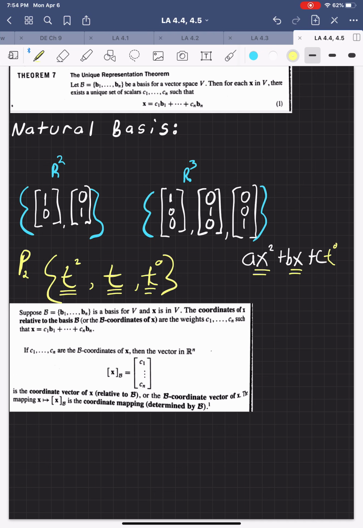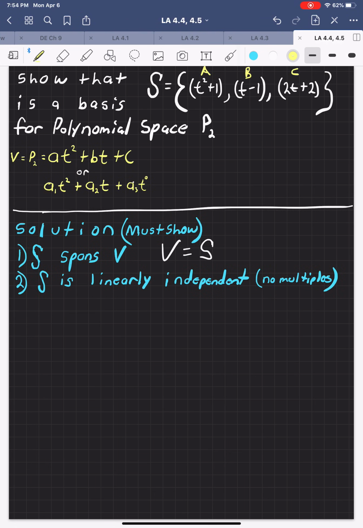Now, the question that we still have not addressed is, if I come along and give you a basis, how do you show that indeed it is a basis for some vector space? We're going to do one with a polynomial space, so you should take some good notes here. I'm going to read the question, but this S is a set, and someone is claiming that set forms a basis for a vector space.